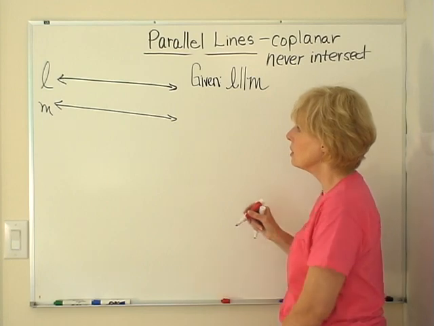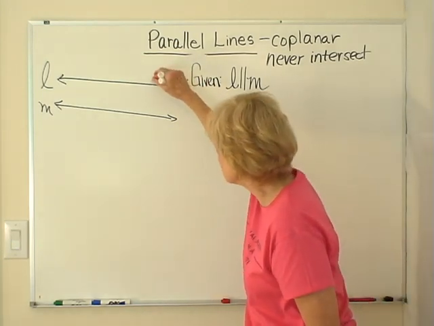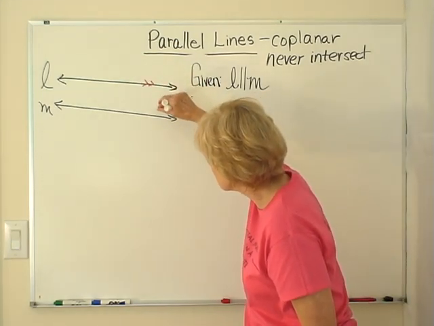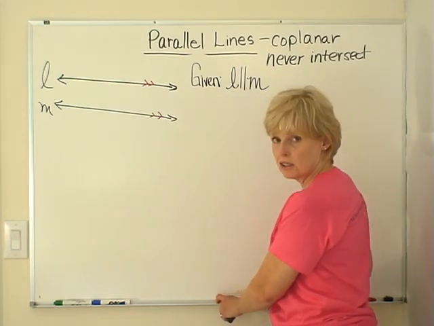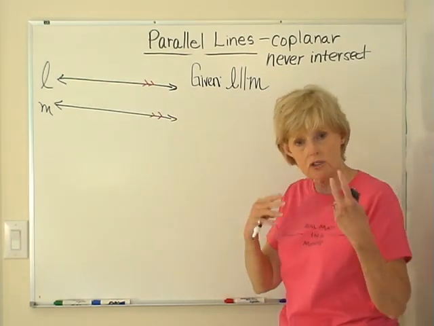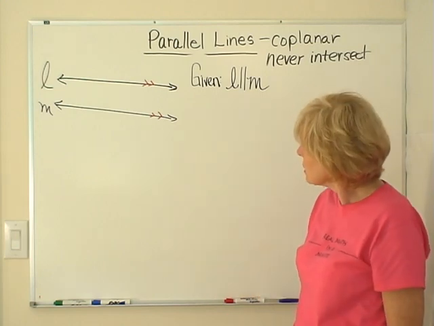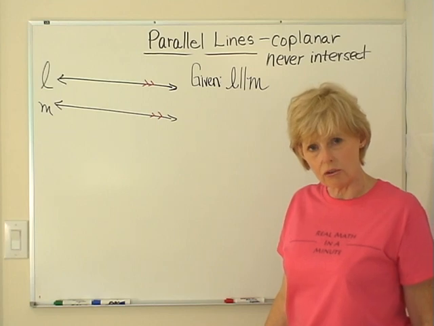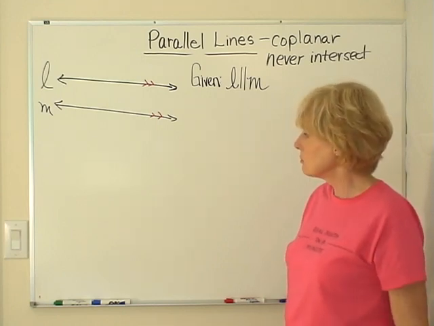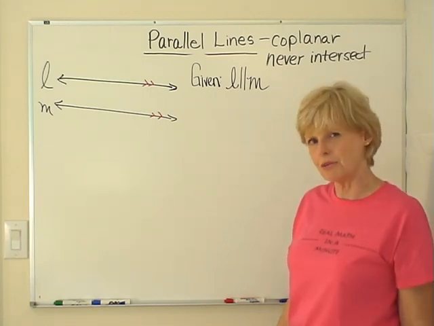And the way you mark parallel lines, because you always want to mark your figure, everything that you know for a fact, you want to mark it so you can really see it and use that information visually and process it. And you're like, well, okay, we've got two parallel lines, I don't see any angles. Well, I don't either, except straight angles, and that's not what I'm talking about.